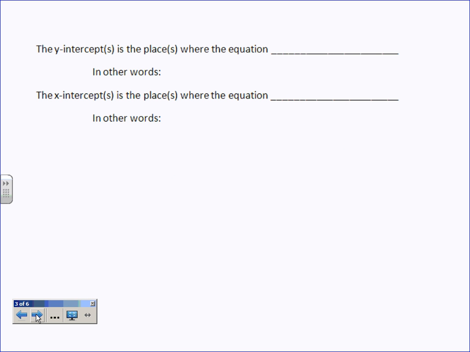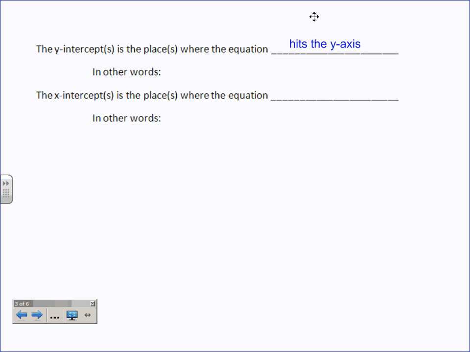The y-intercept, or intercepts is or are, I probably should have put in there. The places or place where the equation, or the graph, I should say, of the equation, does what? Yeah, hits the y-axis.